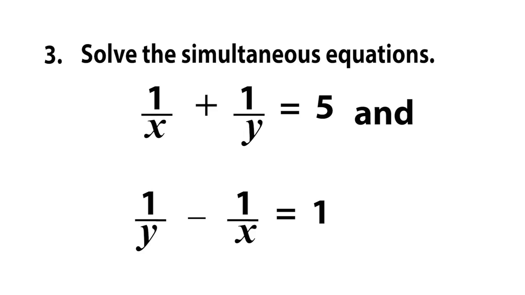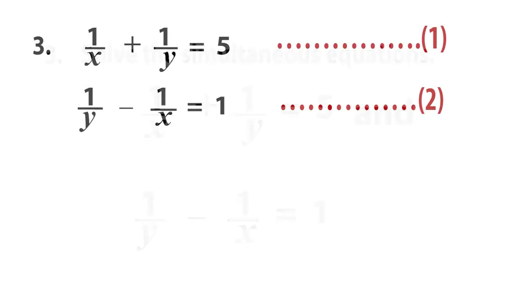Let's take a look at another example with fractions. Solve the simultaneous equations 1 over x plus 1 over y is equal to 5, and 1 over y minus 1 over x is equal to 1. Again, let's label the two equations as equation 1 and equation 2.